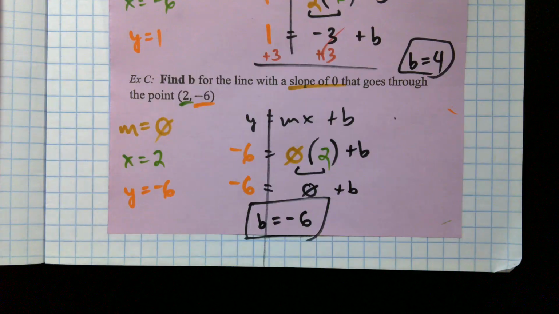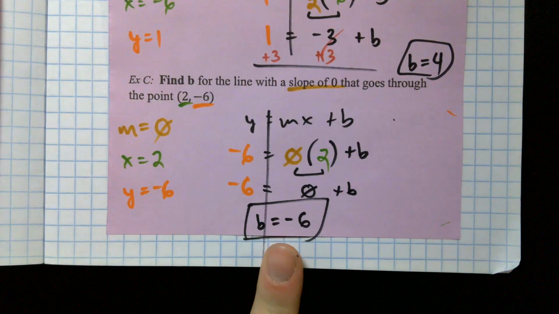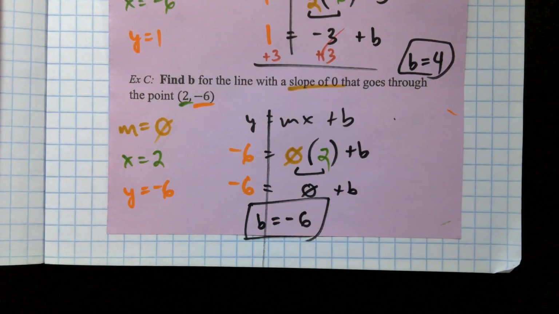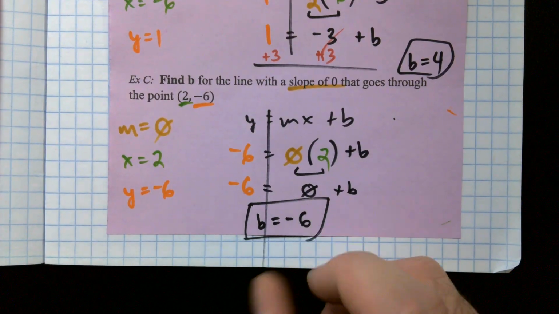So if I make a perfectly flat line through this point, where does that line intercept the y-axis? At -6. So my b value is going to be -6. You guys see that? So if it helps to graph, we can. We don't have graphs on the worksheet because it's kind of doing too much, but everybody learns differently. Especially with a slope of 0, thinking about it like this makes a lot of sense, all right?